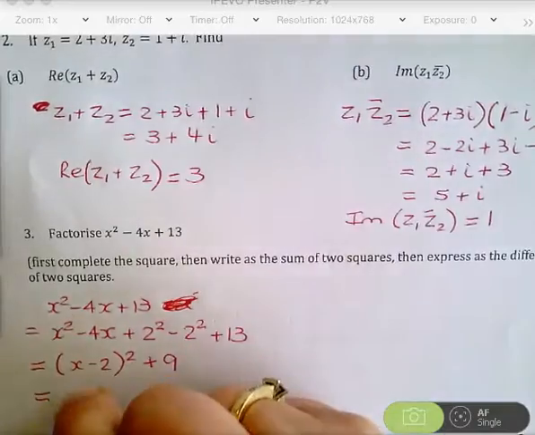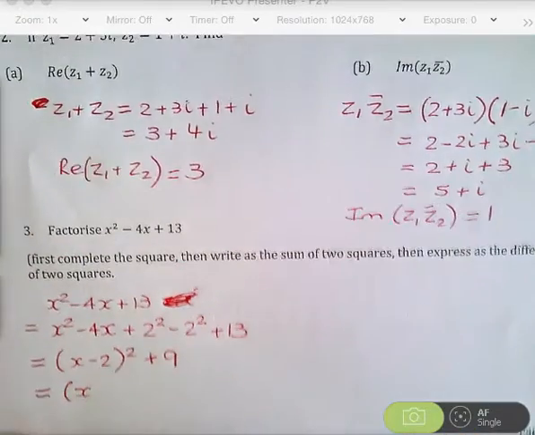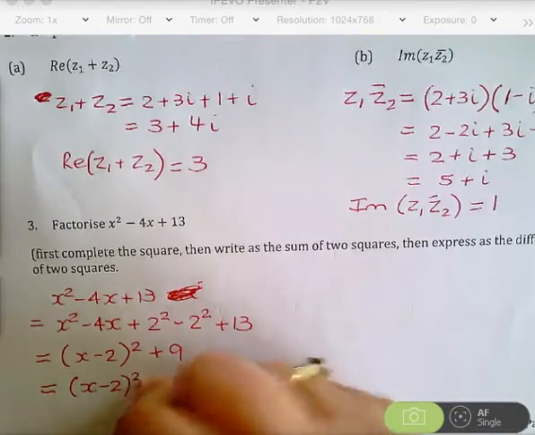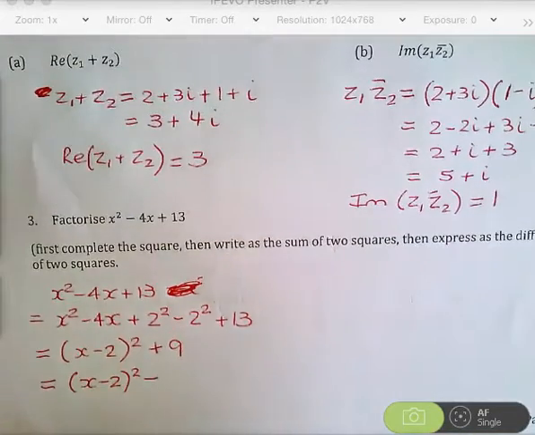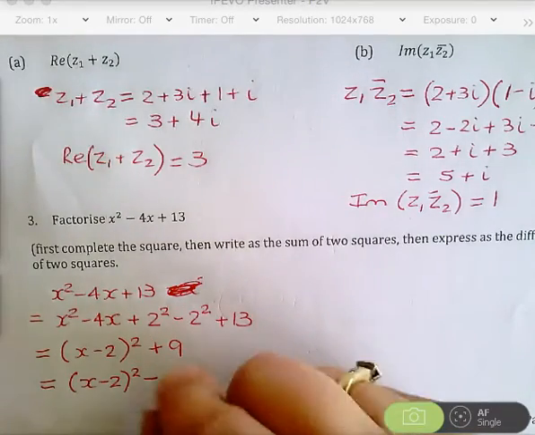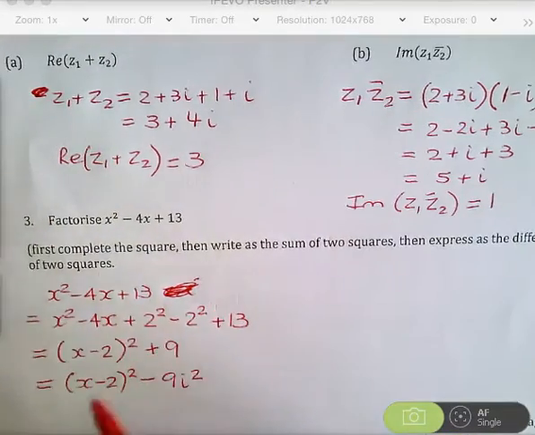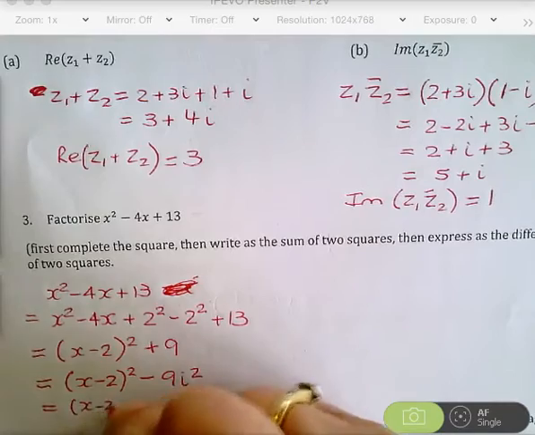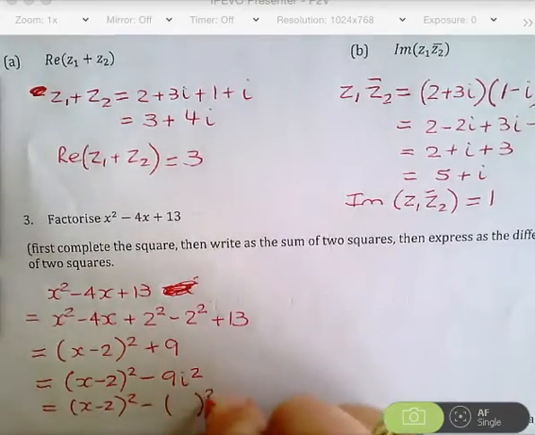Now, girls, I can't factorize that unless it's a difference of two squares. So that's x minus 2 squared minus, instead of plus 9, I can write it as minus 9i squared. Now that's a difference of two squares, a squared minus b squared. I'm going to rewrite that. x minus 2 squared minus what?